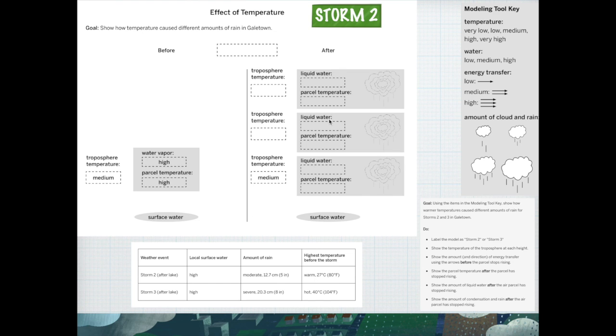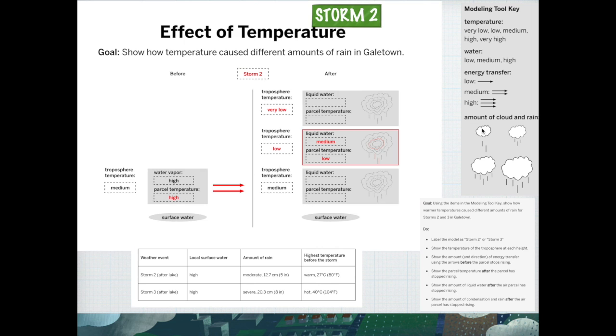But as we go into the second portion, I'm going to bring it over to this side here. And we see that even though it's high temperature, the water vapor releases itself and goes into a medium portion of the troposphere. And the temperature is low.